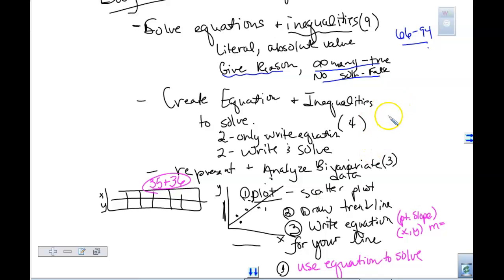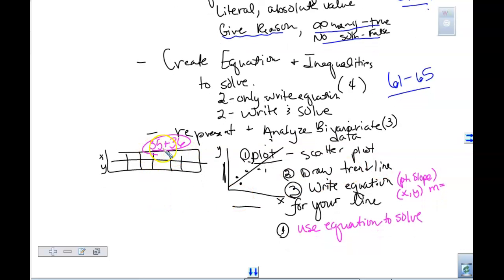This is 61 to 65 on the review, okay? Representing the bivariate data. This is kind of like problem 35 and 36 on the final review. Okay? So these are all on your review.